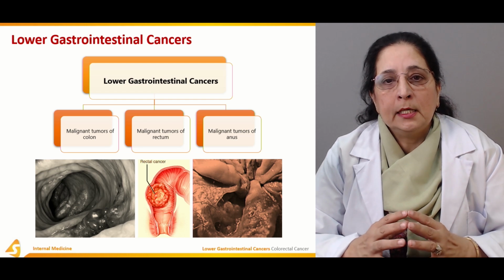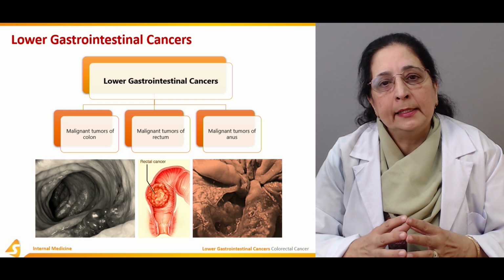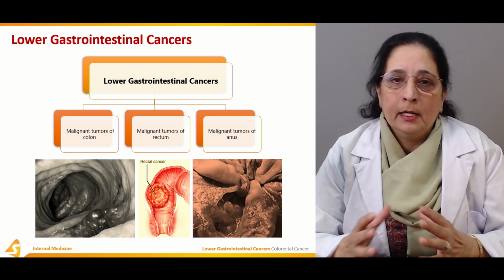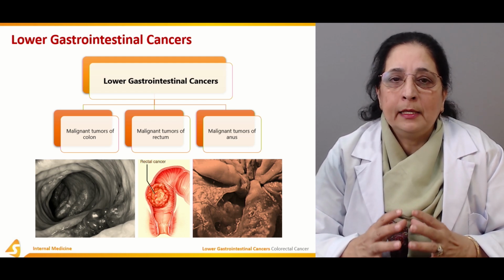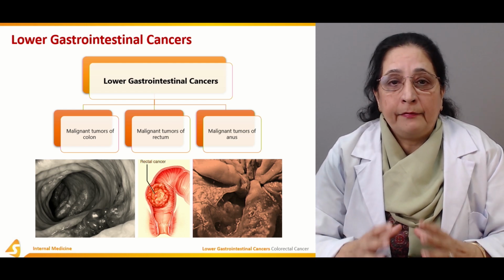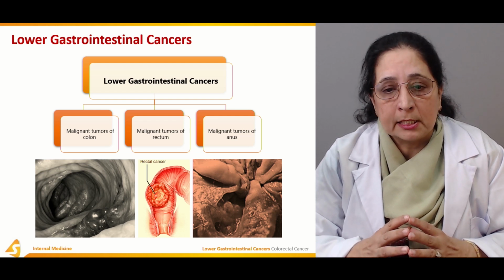So all the cavities are basically controlled by these sphincters, and when they open, they let the fecal matter pass, and when they close, it stops. Different pressures and different diseases can affect these sphincters and cause fecal incontinence.